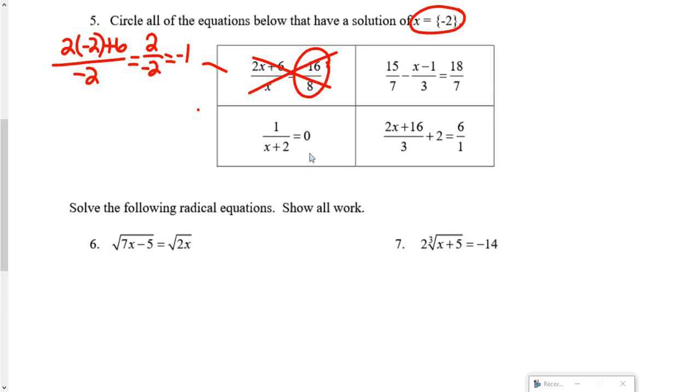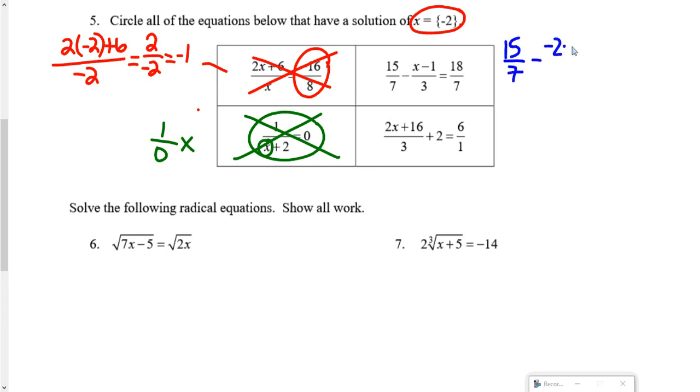All right, let's go to the one below it. In this one, when I plug in -2 for x, I'm going to have division by 0, so that one doesn't work, right? I can't have 1 over 0. That's bad. All right, let's try the upper right here. I have 15/7 minus -2 minus 1 over 3. Does that equal 18/7? Okay, so what's this?